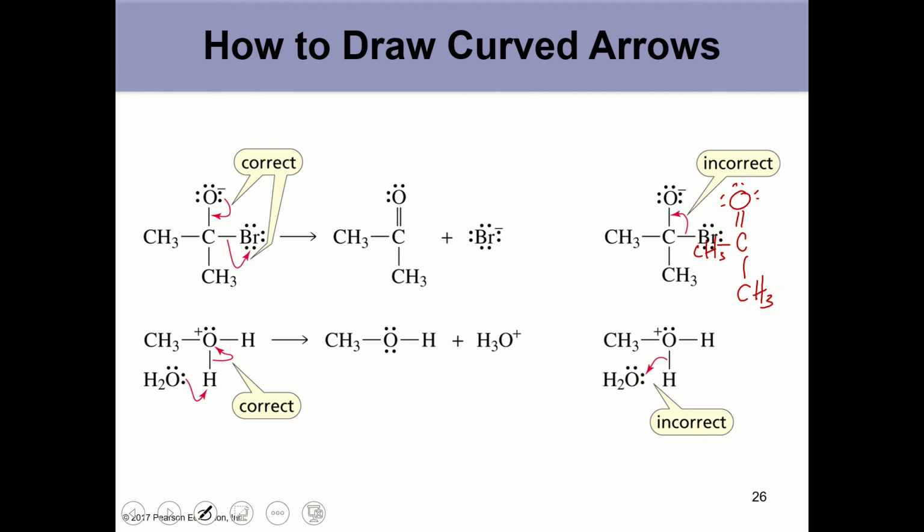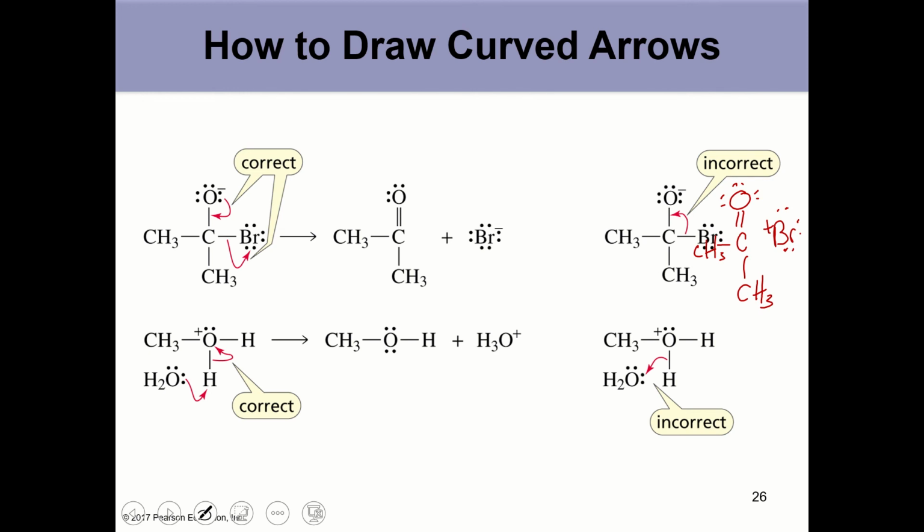The oxygen now has more than an octet, which is not possible for oxygen, which is in row 2. This also generates a bromide that only has 6 electrons. That would give one of the most electronegative atoms on the periodic chart a positive charge.